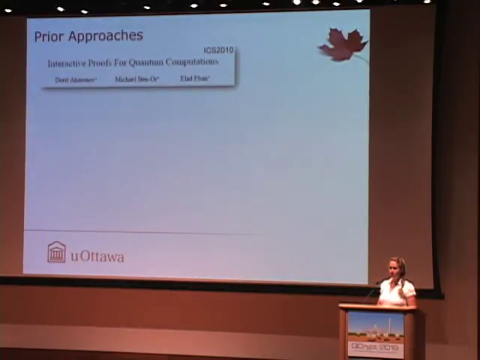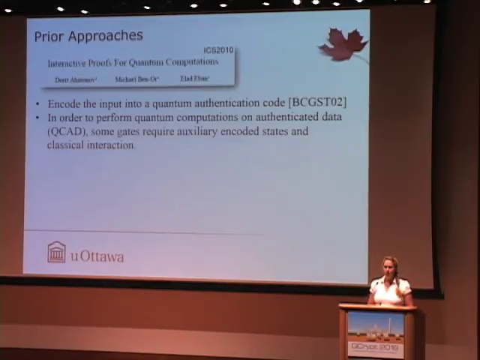And I'd like to emphasize that this problem has been looked at before, and there have been solutions proposed before. In interactive proofs for quantum computations, a method was proposed that used techniques from cryptography, namely quantum authentication codes.